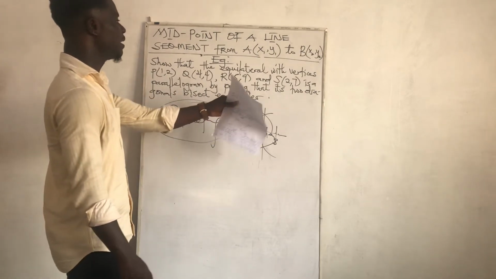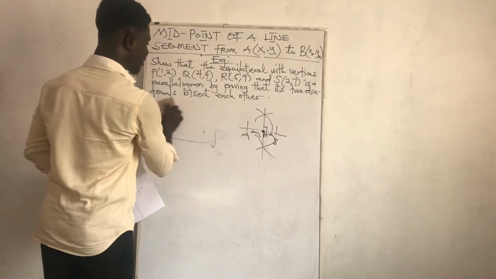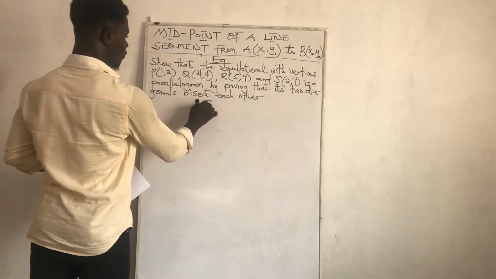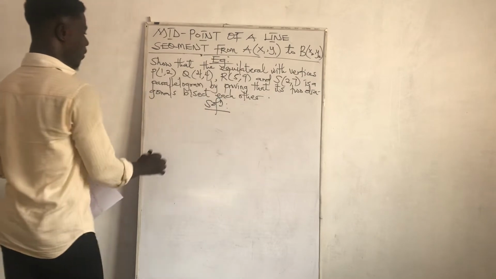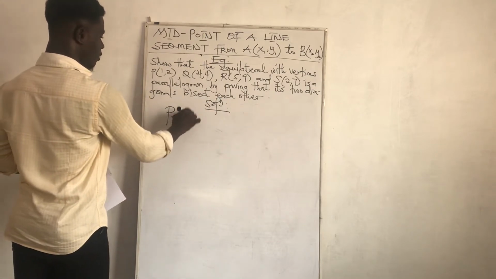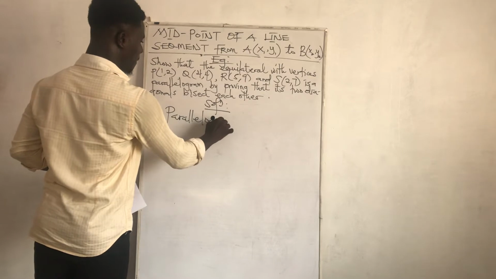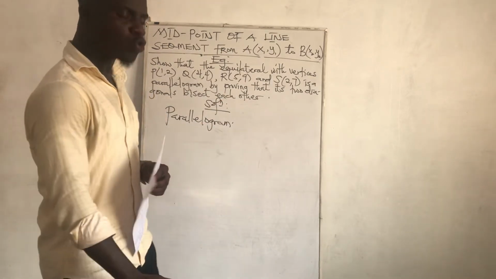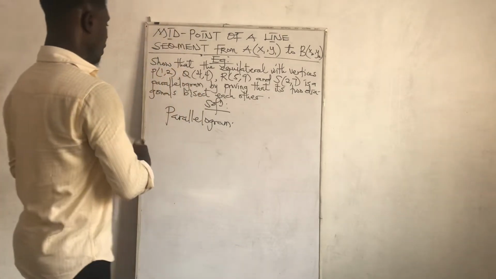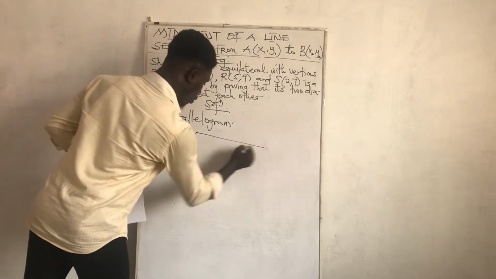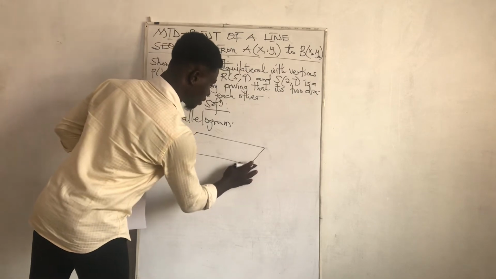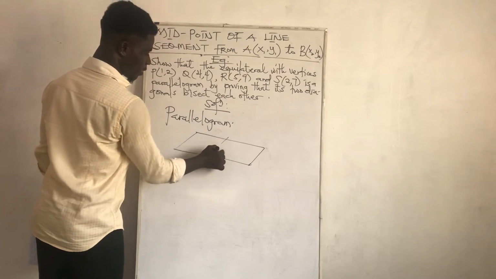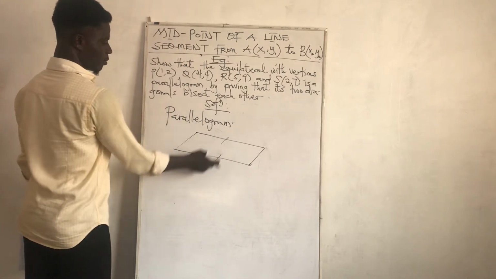So they said by proving that its diagonals bisect each other. Now we are talking of a parallelogram here. You can ask yourself, what's a parallelogram? A parallelogram is a plane shape with two opposite sides equal. So we have this and that, the opposite sides equal.